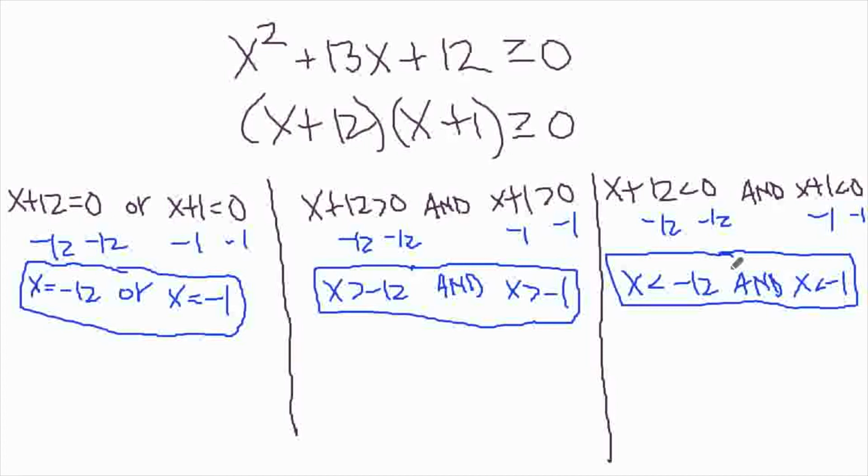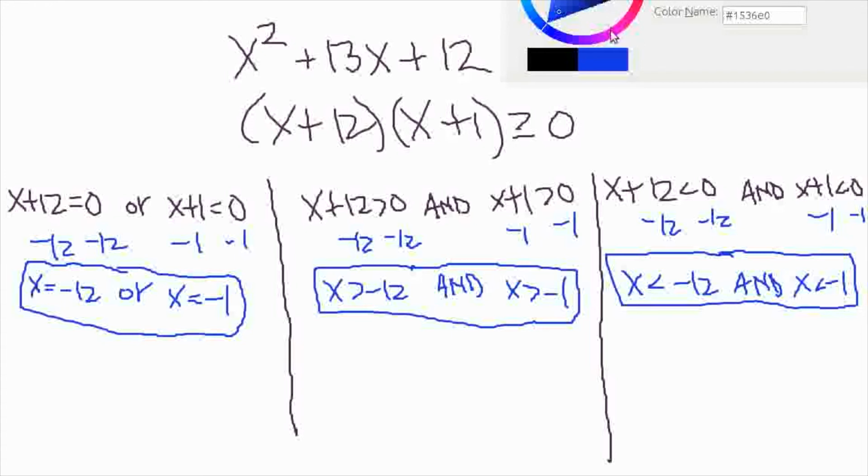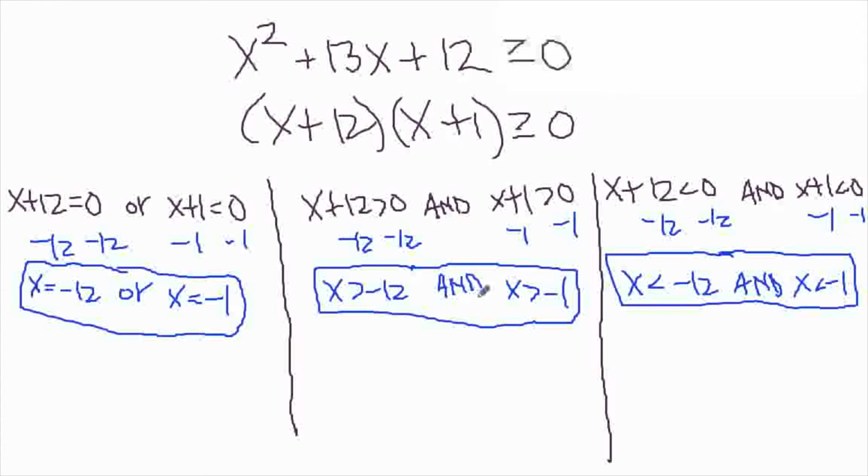Before we combine all 3, it turns out you can clean up the second and the third one. Watch this. The second one is making 2 requests. Would you please pick a number that's bigger than minus 12, but would you also pick a number that's bigger than minus 1?